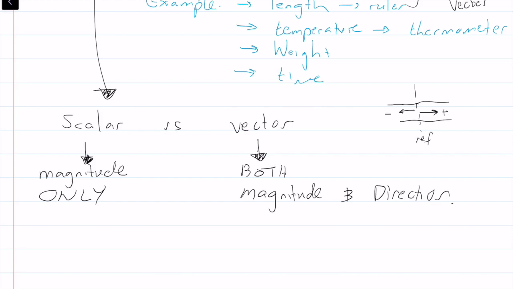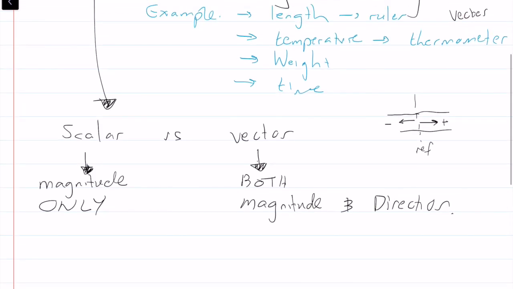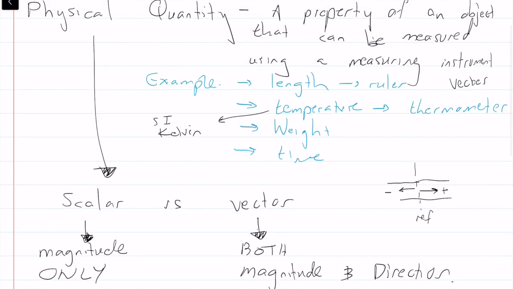If we look at temperature, don't be fooled: the SI units or the scientific units are Kelvin. You cannot get a negative Kelvin temperature. In degrees Celsius you can get negative degrees, but you cannot get a negative Kelvin. So temperature would be a scalar.